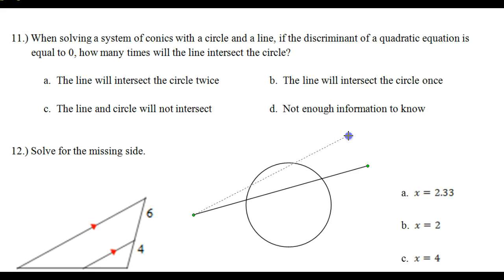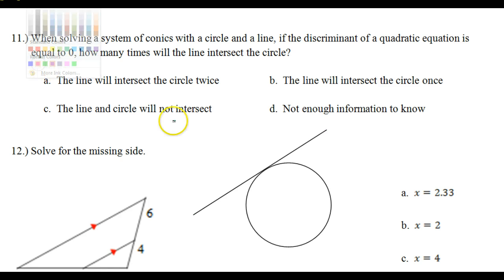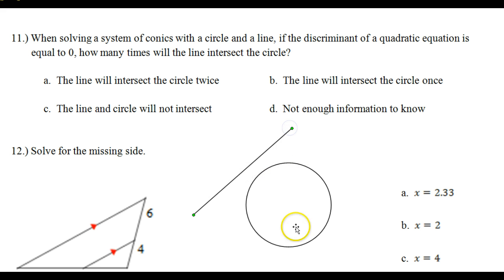Sometimes the line is going to only hit the circle just barely. It'll be a tangent, and it's going to only hit once. Okay, so it's possible to have only one solution. On the other hand, it's possible for the line and the circle to not touch at all. It's possible to have no solutions.